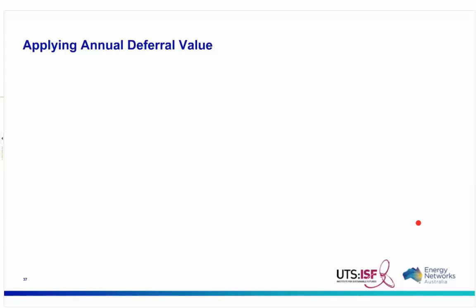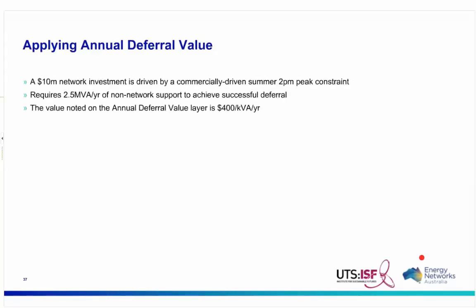So say there was a $10 million network investment driven by a commercial cooling summer peak constraint at 2 in the afternoon. It requires 2.5 MVA per year of non-network support to actually be able to achieve that deferral. And so in this case, say the value on the map is $400 per kVA per year.